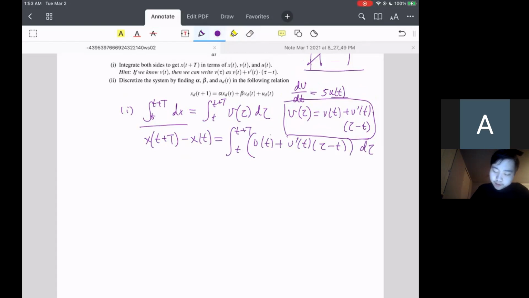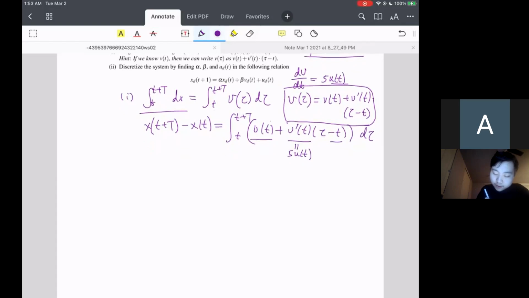On the right-hand side, we have v of t and v prime of t, which is equal to 5 times u of t times negative t. These two terms are both constant with regard to tau, as tau goes from t to t plus T.